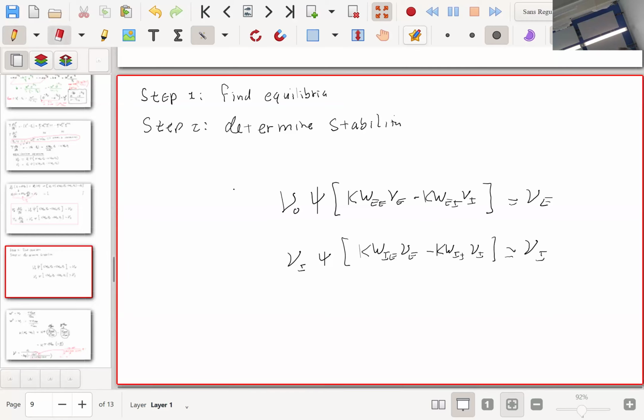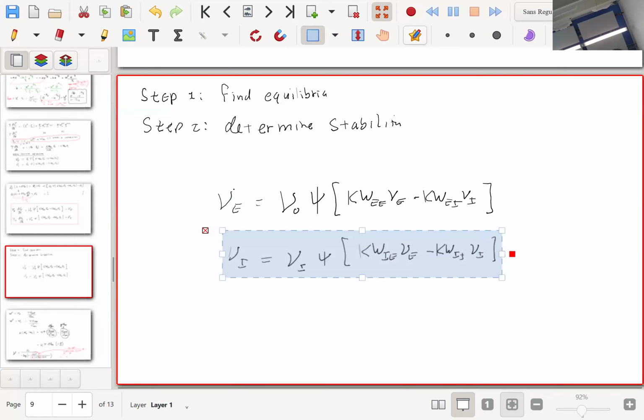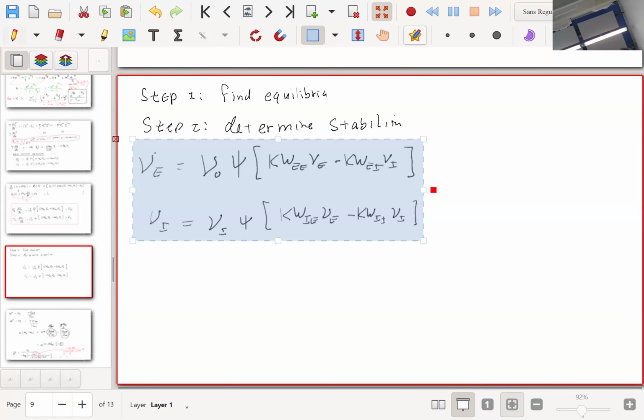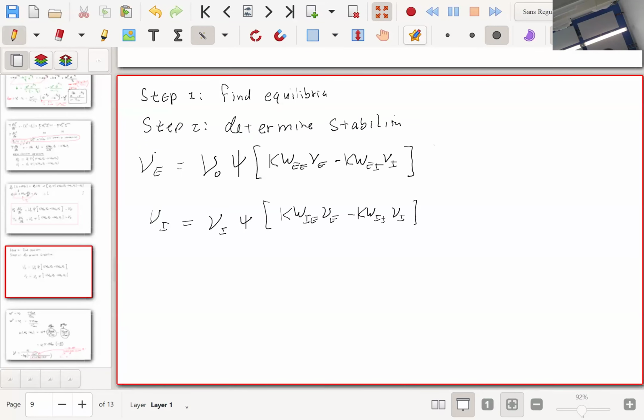Actually, I'm going to write it on the other side. Equilibrium equations are nu E equals that, and nu I equals this. Okay. So those are equilibria.